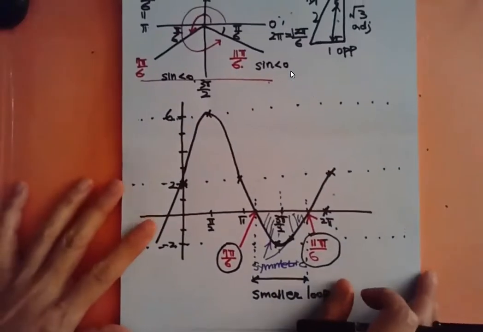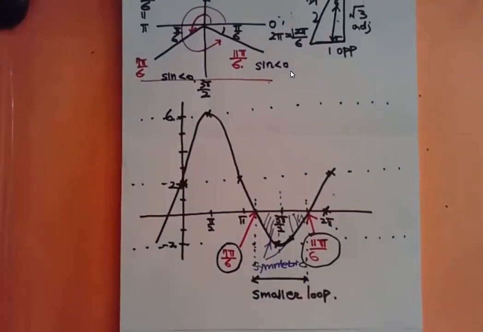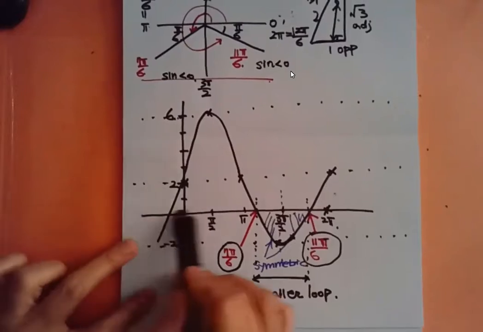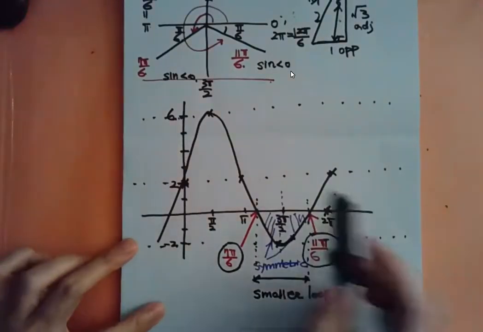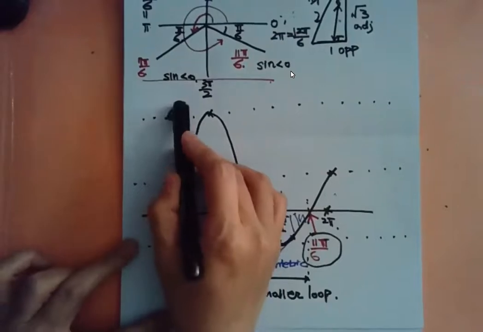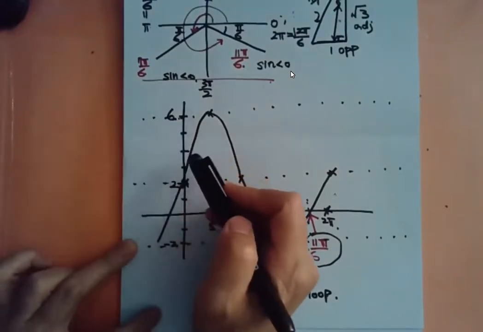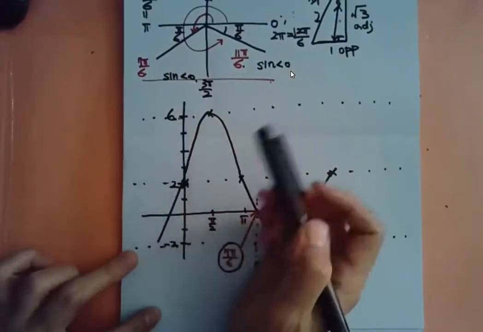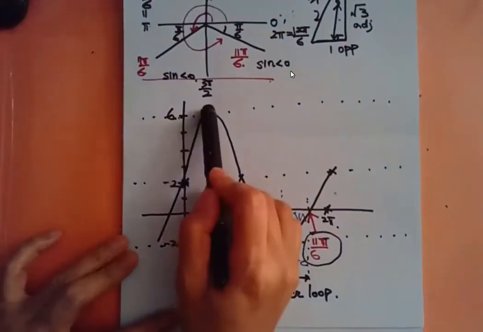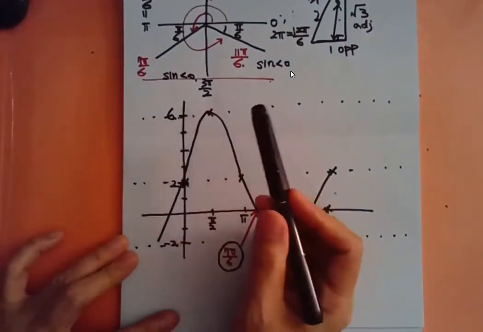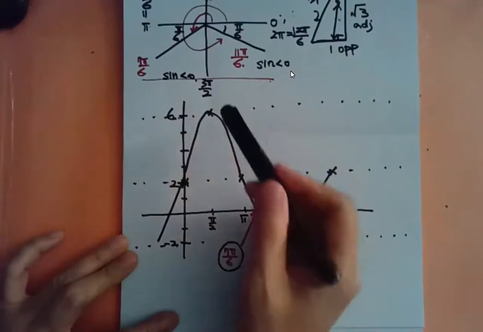The way I explained it last time, the x-axis is the angle, and the y-axis indicates the distance from the origin. So when the y value increases, the distance from the origin gets farther and farther.